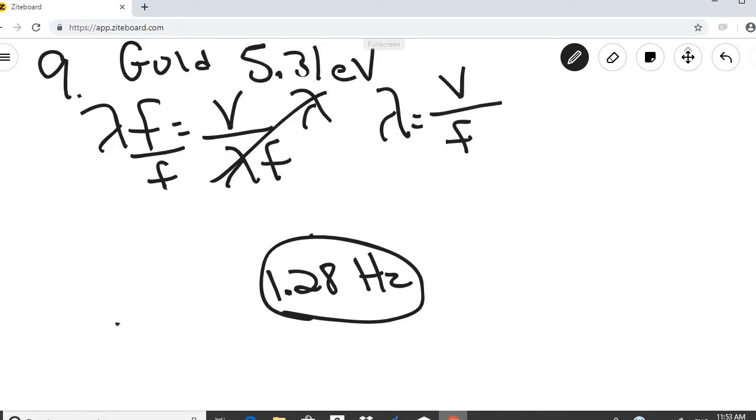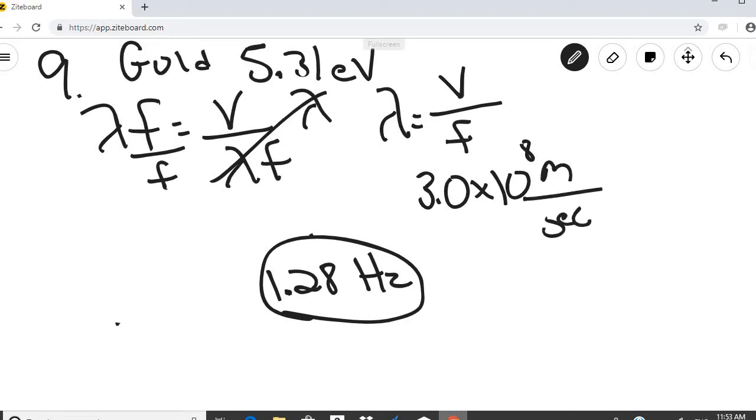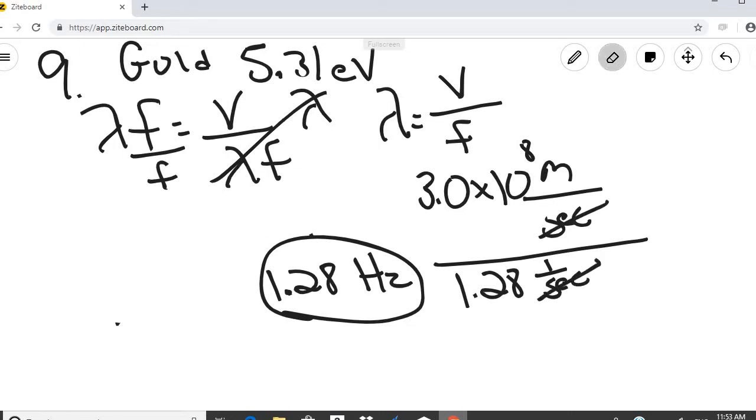Okay, so our velocity is the speed of light. And we just saw that our frequency was 1.28, 1 per second. Okay, so the seconds are going to cancel. You'll be left with meters.